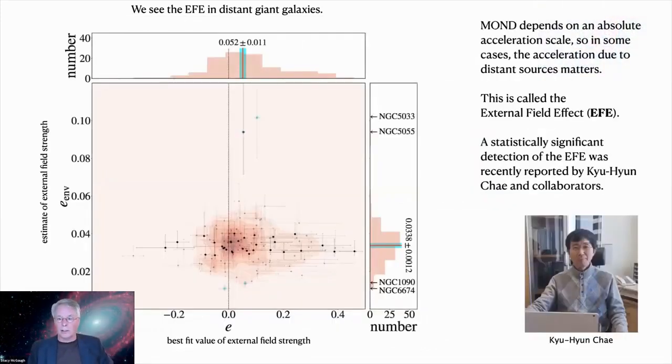Very recently, my colleague Kyu-Hyun Chae at Sejong University in Korea found a statistical detection, not just for the little dwarfs nearby to us, but for giant galaxies at much greater distances. And the takeaway here is that the best fit for the value of the external field effect is non-zero, and it's significantly non-zero.